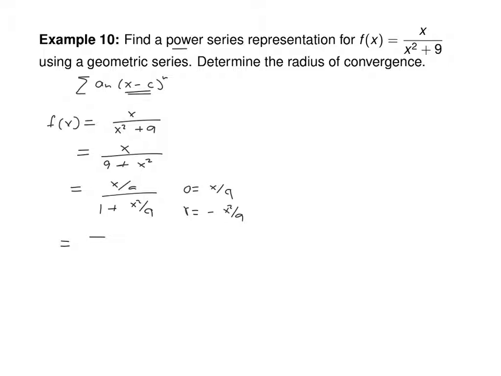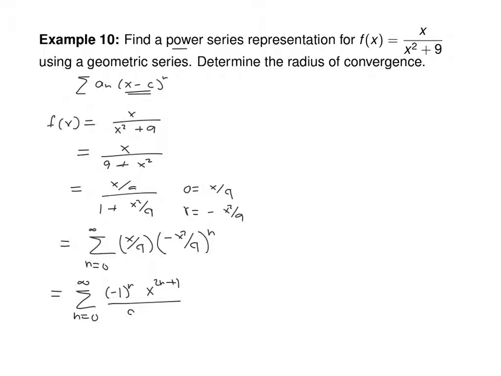This will sum up to n equals 0 to infinity x over 9 times negative x squared over 9 to the n. And simplifying that down, so first we'll have a negative 1 to the n. The power on x will be 2n plus 1, and 9 is going to be raised to the n plus 1.